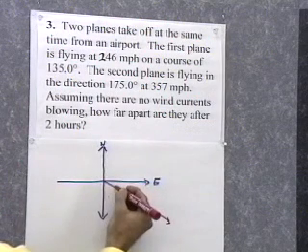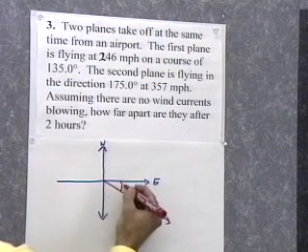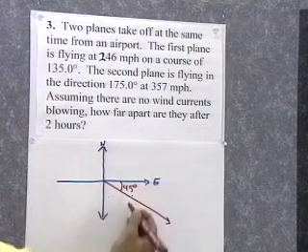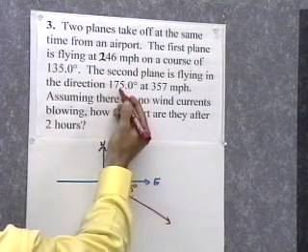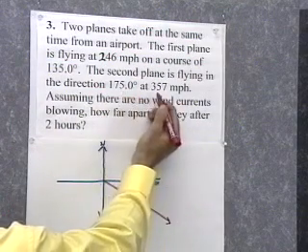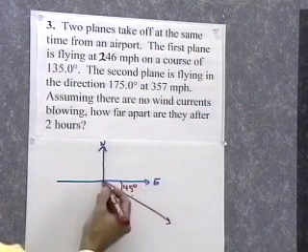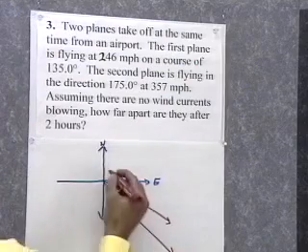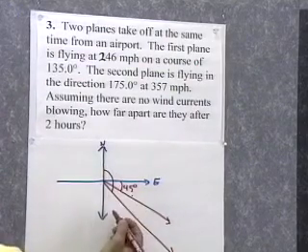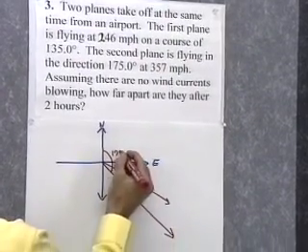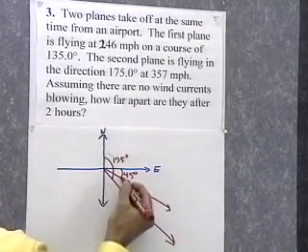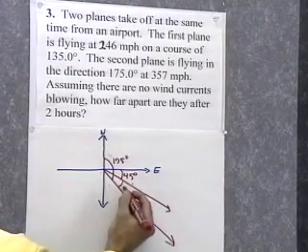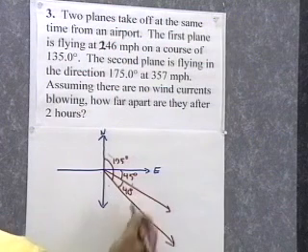So this is 135 degrees, so this is going to be 45 degrees right here. Now the second plane is on a course of 175 degrees, and it's going 357 miles per hour. So that plane, I'm just going to draw this in approximately, is on a course that is 175 degrees. This one was 135 degrees, so this difference in here is going to be 40 degrees.